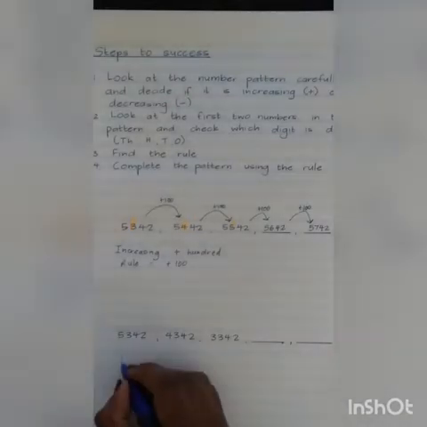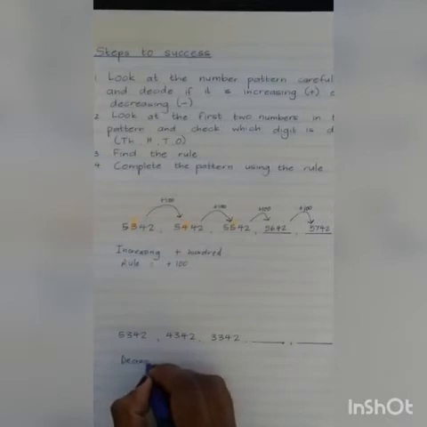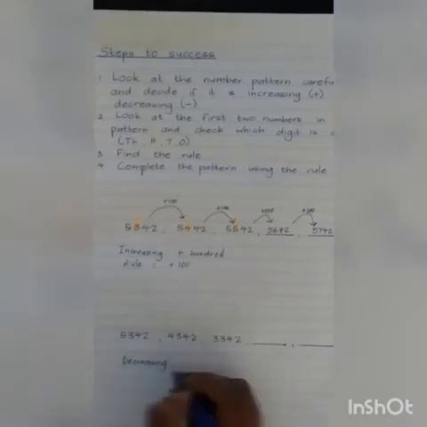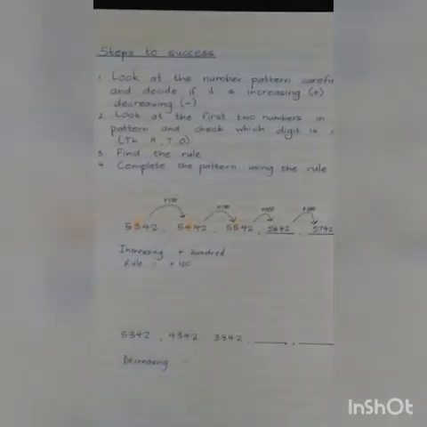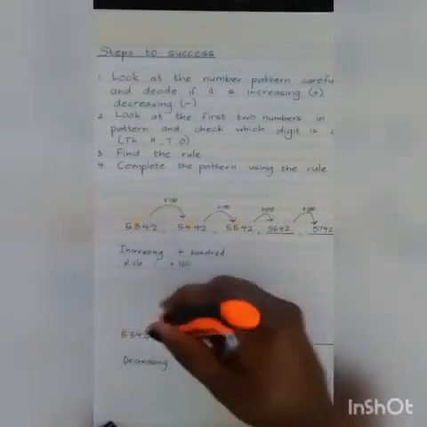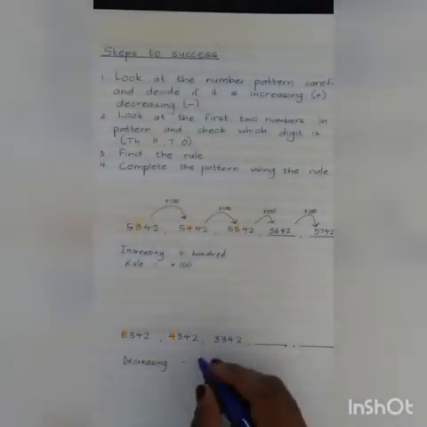Getting smaller, decreasing. So our rule will be to subtract. Look at the first two numbers in the pattern and check which digit is different. It is the thousands.